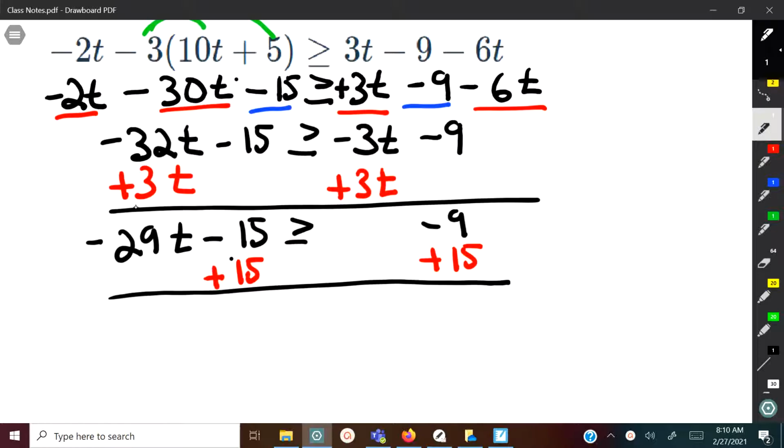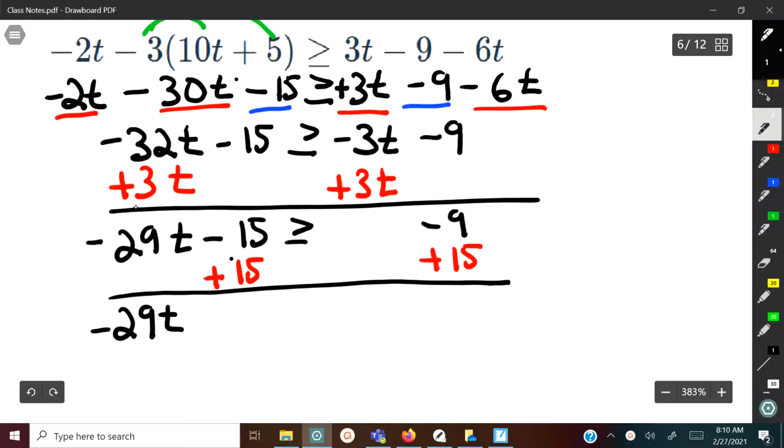Okay, the 15s cancel out here, and that's going to leave me with a negative 29t is greater than or equal to, different signs, find the difference. 15 minus 9 is 6. And since the 15 is the bigger absolute value, we're going to make it positive.